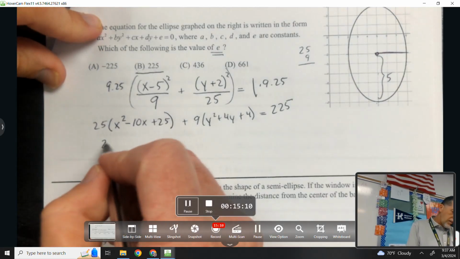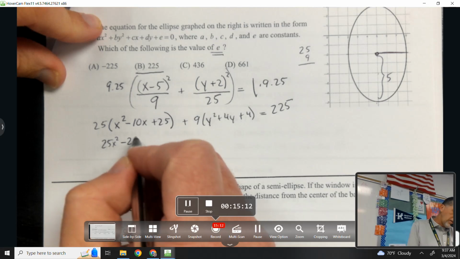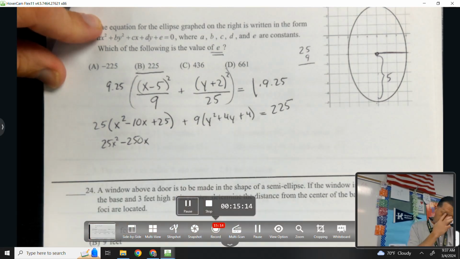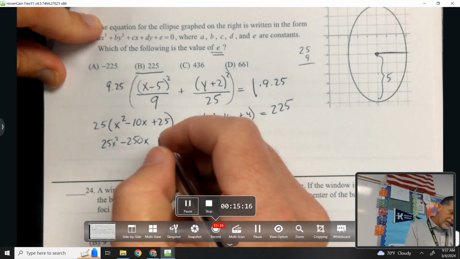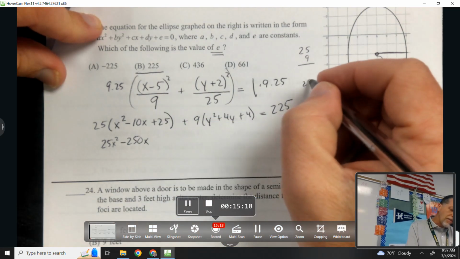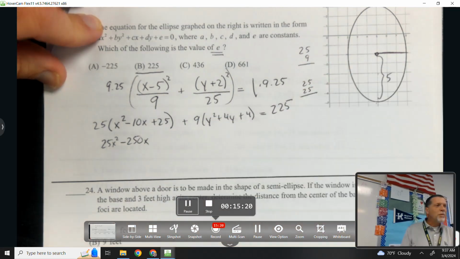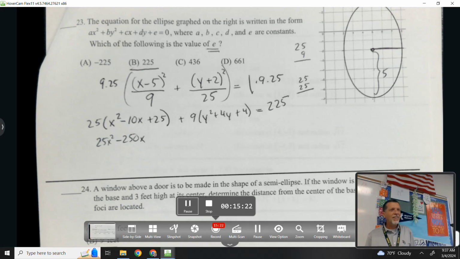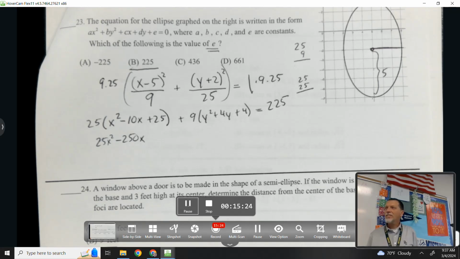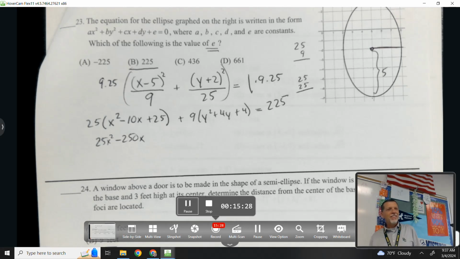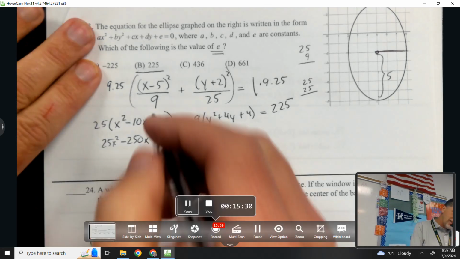So 25x squared minus 250x. 25 times 25. That's one you should have memorized in 8th grade, maybe? Perfect squares quiz with Miss Durkee or Miss Laughlin. Yeah? 625.